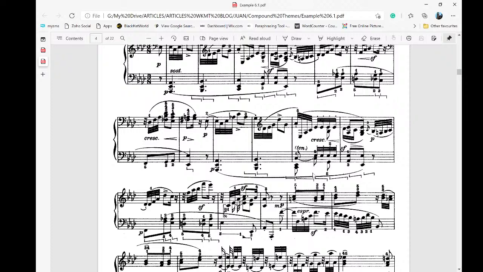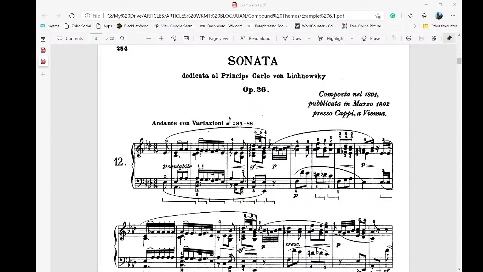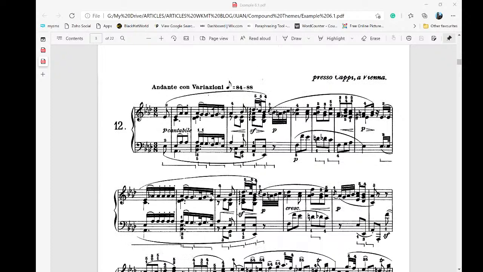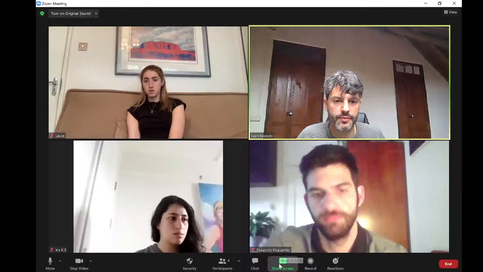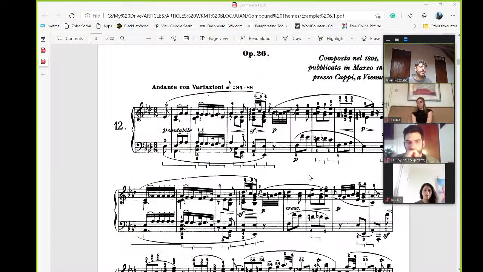Give me one second and I set up everything. You don't see the screen, so I will share the screen. There it is. Can you see the screen?